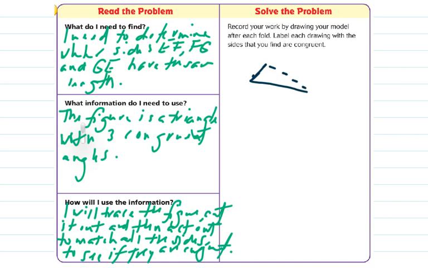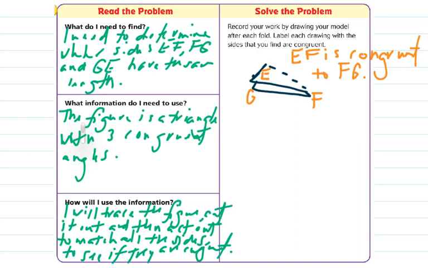And then underneath it, we're going to have our other side of our triangle. So we have E, F, and G, which is the one that's underneath E. So we see that EF is congruent to FG.